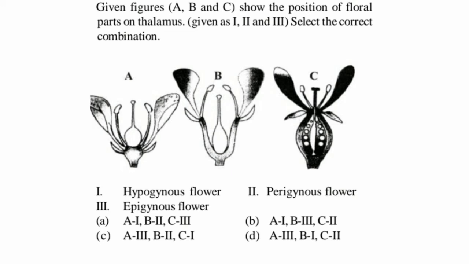B diagram is half inferior ovary, that is the perigynous flower, whereas C is epigynous flower, that is inferior ovary. So in the options, A should be 1, B should be 2, C should be 3. So option A is correct for this question. So hypogynous, perigynous, epigynous flower, that is in order. So we'll go with option A.